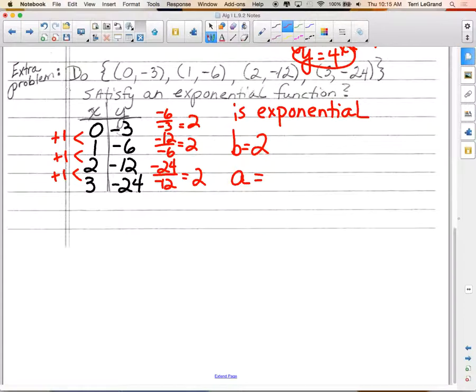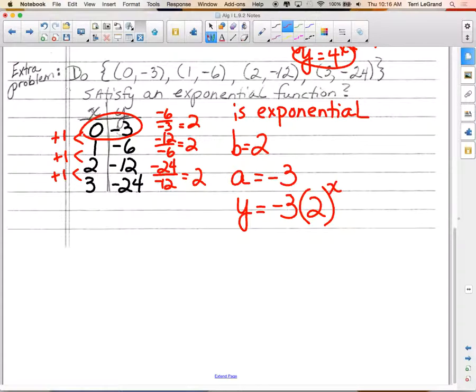Negative 3. And how do we know that? Because that's our starting amount. It's the y-intercept. It's right here in our table. When x is equal to 0, the y value is the y-intercept, and that makes it our starting amount. So our equation would be y equals negative 3, the a value, times 2 raised to the x power.